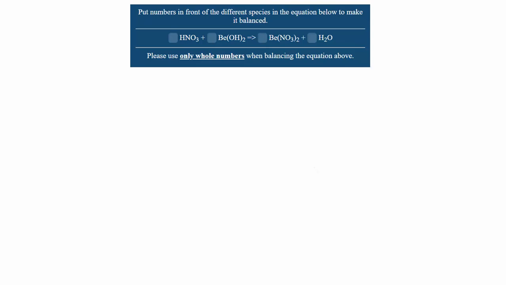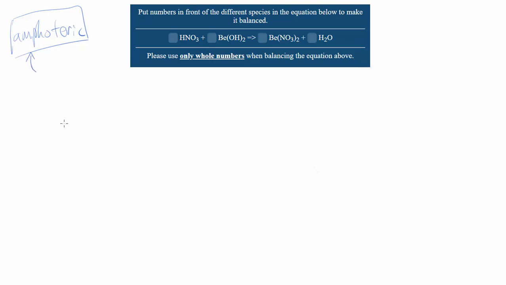One of the things you may or may not know about beryllium hydroxide is that it's amphoteric. I'm just going to leave this here because it's not necessarily central to what we're about to do in this particular question, as far as balancing the equation. But in your own time, you may want to look this up to find out what it means.